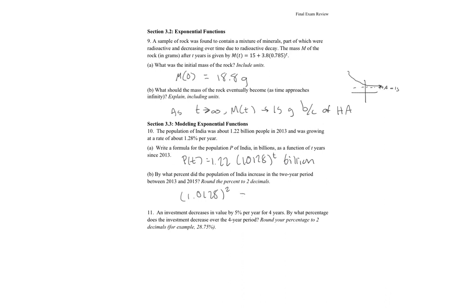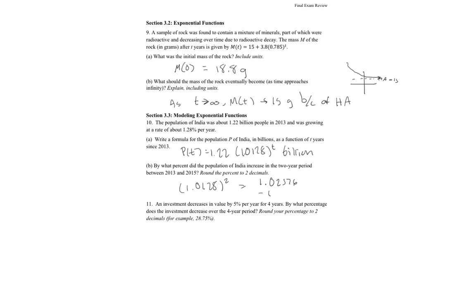And so then we'll get a growth of 1.02576, and we'll subtract 1 from that, and then multiply that number by 100 to get it as a percentage, and we should get the decimal 0.02576 or 2.58%.